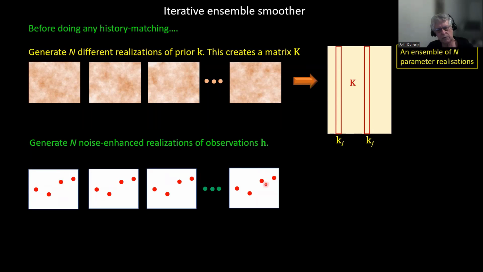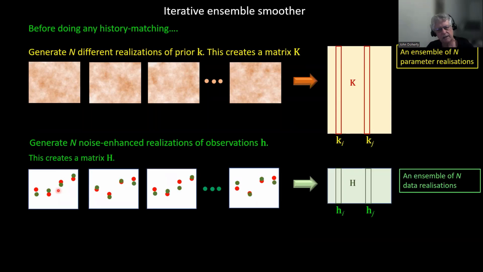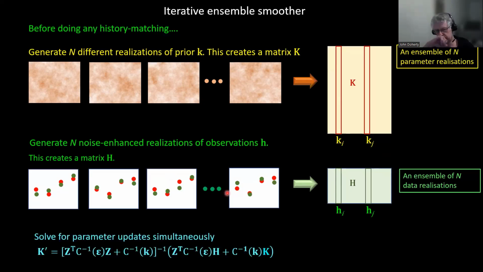These are all the same, of course, but I contaminate them with a different realization of measurement noise, put them into this big matrix H, stack them all alongside each other. And then I use this equation, the same equation we used before, to simultaneously improve all these parameter realizations.